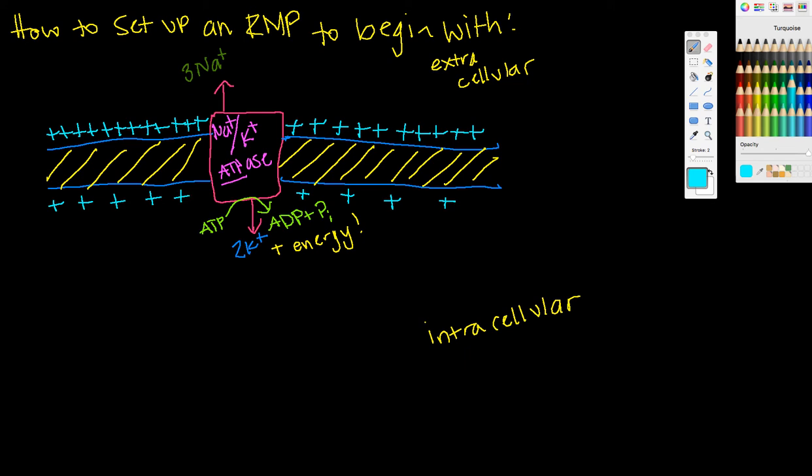So now we have lots and lots of sodium out here and lots of potassium in here. So let's draw those as well. So I'm just going to give myself a lot of potassiums.